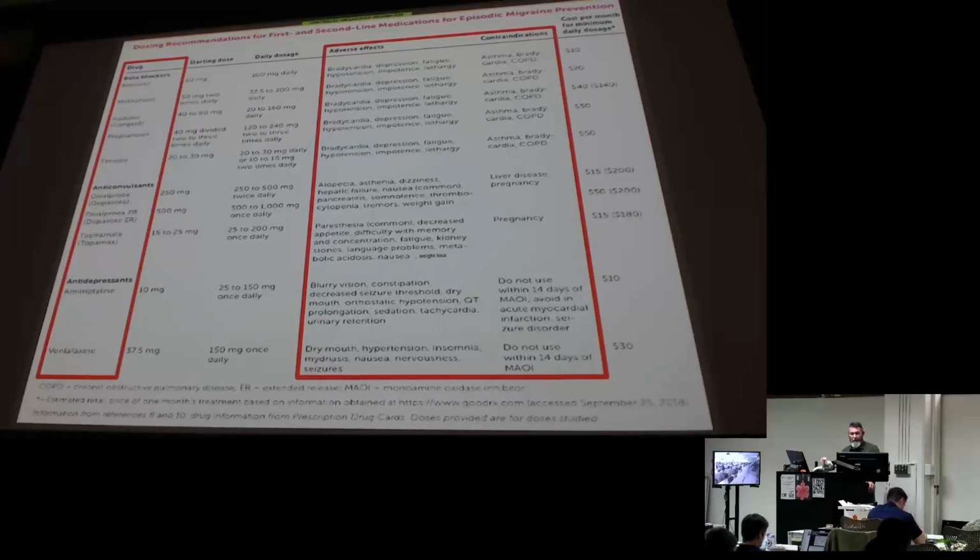So at this point, just know that the contraindications would be asthma, COPD, or a heart block. But it's your go-to first line for migraine prophylaxis. You don't need to know all the adverse effects there. That's more clinical management. So I just wanted you to have a thorough list.